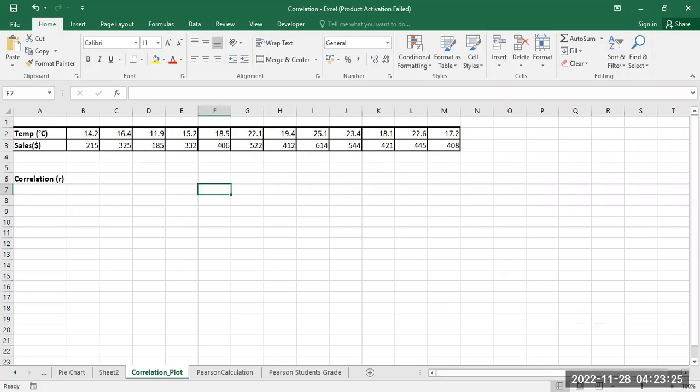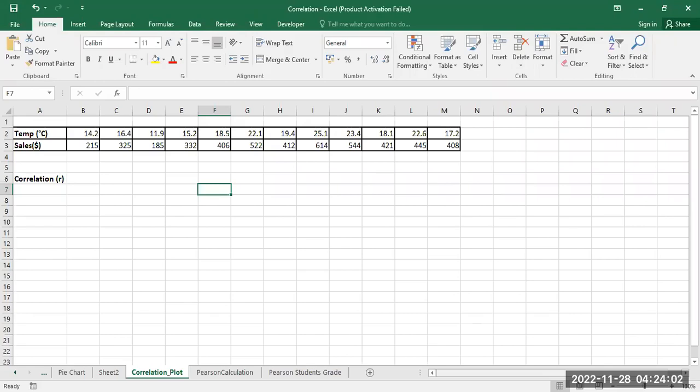Before I proceed with the calculation of the Pearson R, I also want to show how to plot our scatter diagram, because it is the scatter diagram that helps us to see the nature of the relationship, whether there is a perfect positive correlation, a perfect negative correlation, or no correlation at all, before we go ahead to calculate the Pearson R.